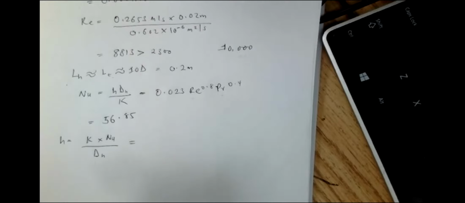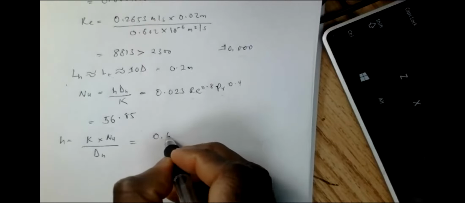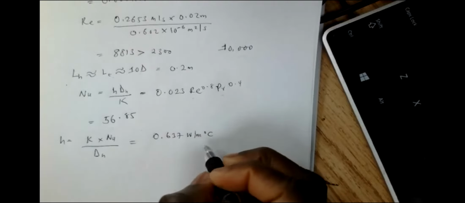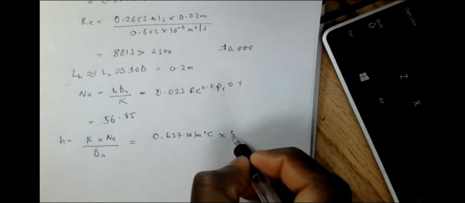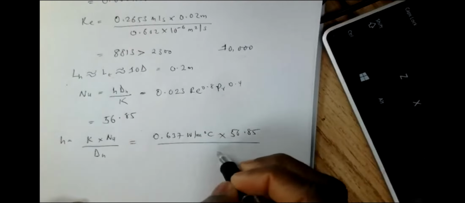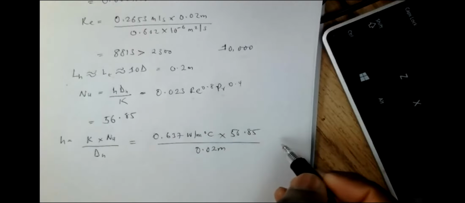Okay, we already have our k value. We should pull that off the table. 0.637, 56.85, all this now divided by 0.02 meters, which is our diameter.